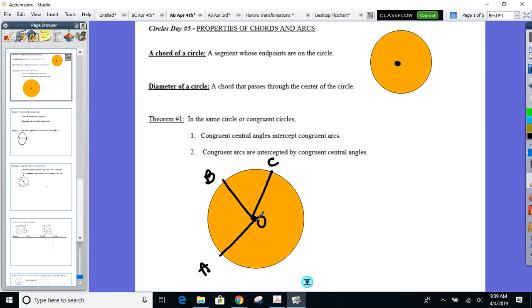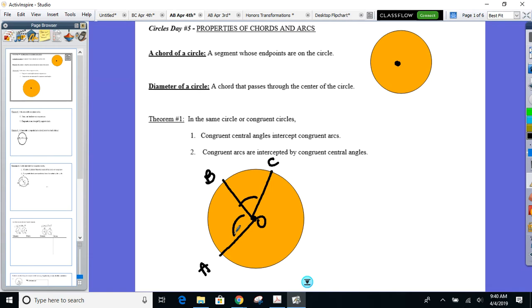All right, ready? Here's what the first theorem is saying. I know I didn't ask you to make them the same angle measure, but if your two central angles are congruent, so are your arcs. Mark your two central angles congruent, even if they don't look like it.